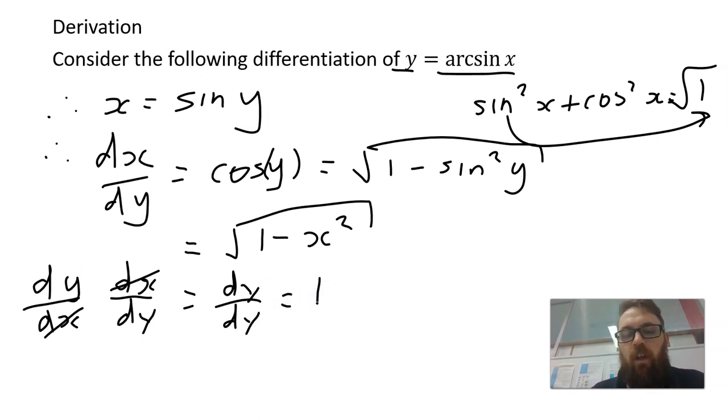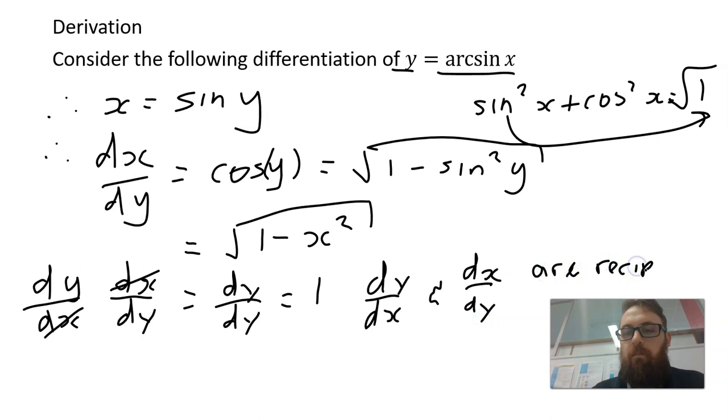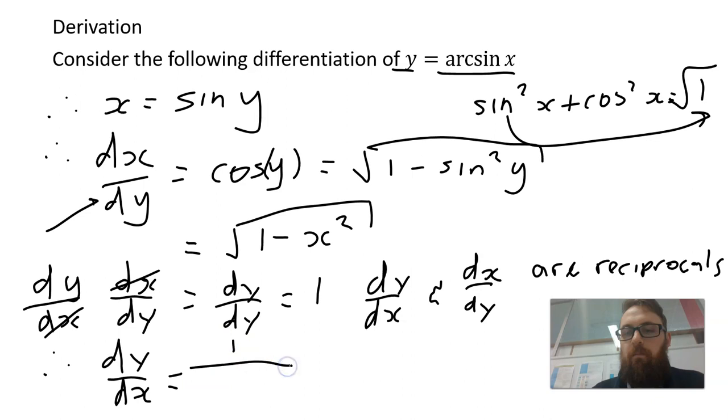So from the chain rule, what this means is dy by dx and dx by dy are reciprocals, which might be obvious, but we just proved it using the chain rule. So we just worked out what our dx by dy is, so dy by dx is equal to the reciprocal of that, 1 over the square root of 1 minus x squared.